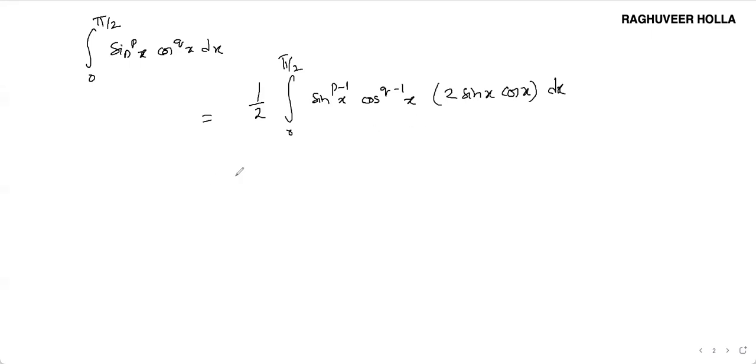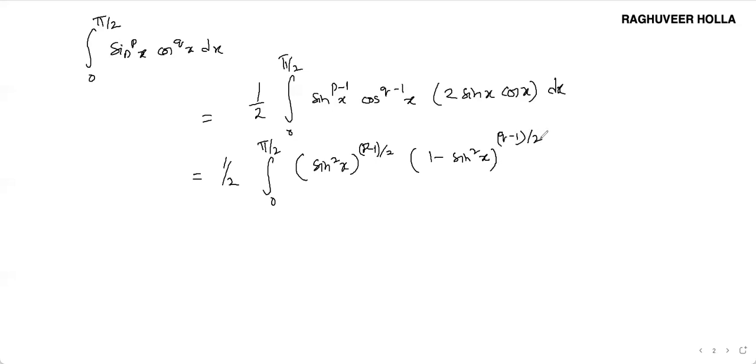Now this is equal to 1 by 2 integral from 0 to pi by 2 of (sine square x) to the power (p minus 1) by 2, (1 minus sine square x) to the power (q minus 1) by 2, times 2 sine x cos x dx.